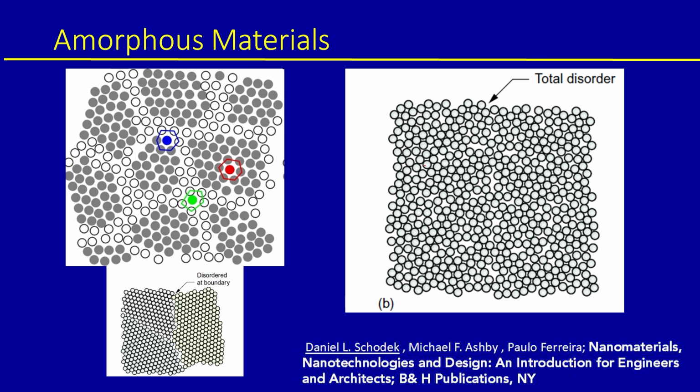So, this picture on the top left is nothing but an ordered arrangement of atoms, and we have discussed it. These are the grains, and in between the grains there are grain boundaries, right. And I told you that along the grain boundaries, the atomic arrangement is not like what is inside the grains. You can clearly see inside the grains a nice hexagonal arrangement of atoms as shown in this picture.